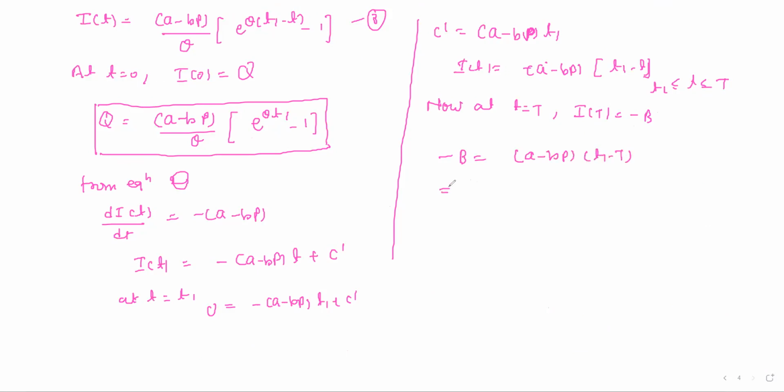So it can be written as B equals (a minus bp)(T minus t1). So this is the backorder quantity. Okay, so now the next step, we can say this is equation third and this is fourth.